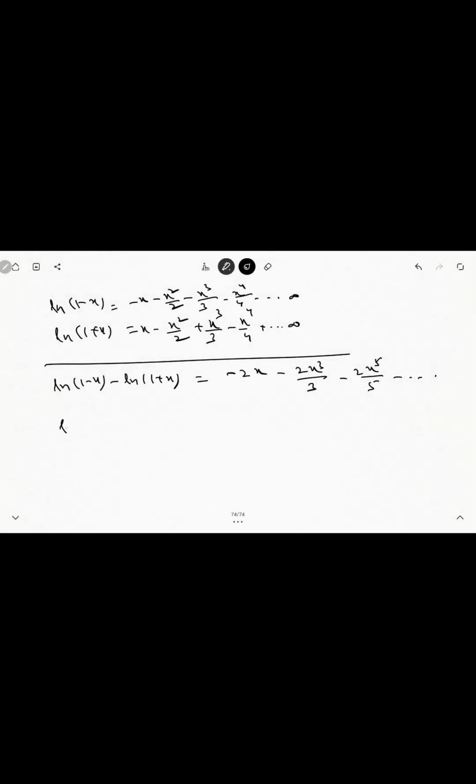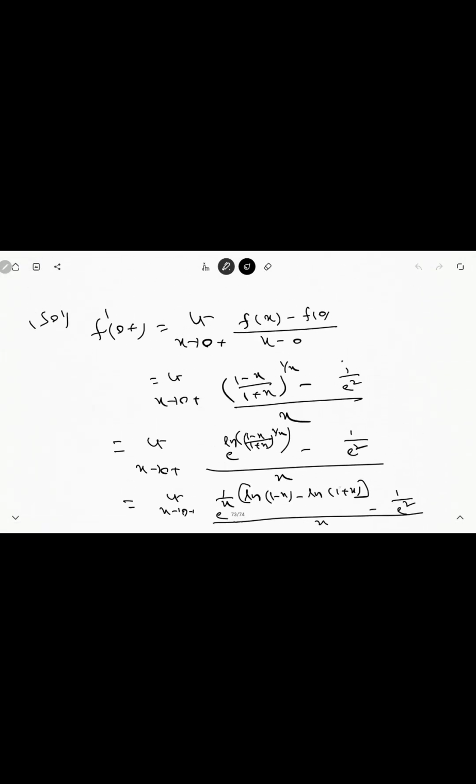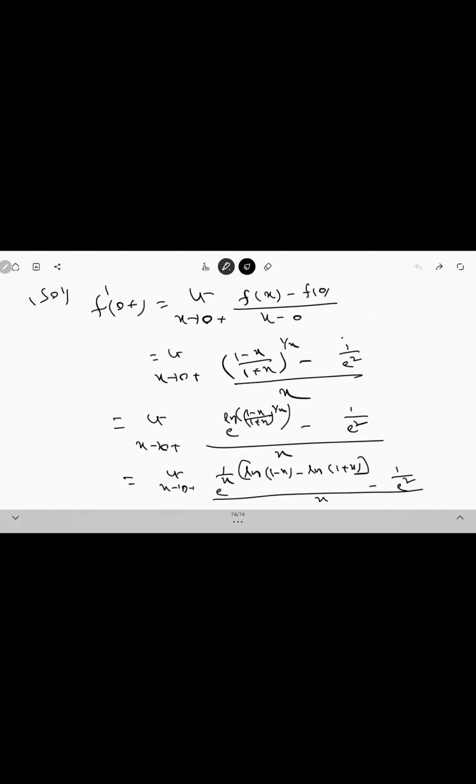Dividing by x, then (ln of 1 minus x minus ln of 1 plus x) by x is equal to minus 2 minus 2 by 3 x square minus 2 by 5 x power 4 minus so on. Understood? So in this place I can write that part.